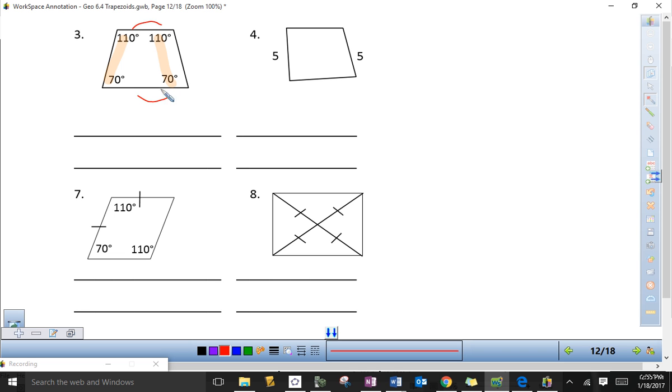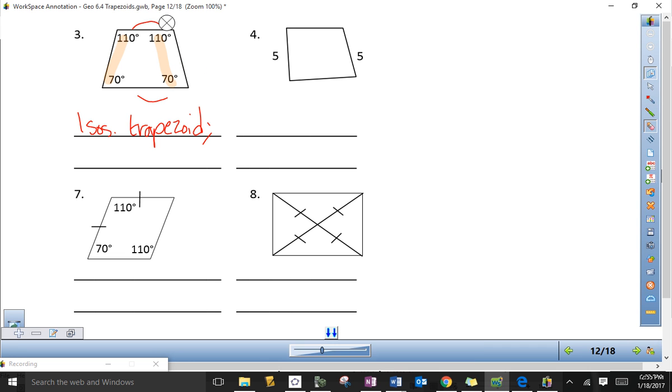Then the top angles and the bottom angles being congruent tells me it's an isosceles trapezoid because of those base angles. Again, we want to give 2 reasons. The first one has to do with your 2 pairs of consecutive supplementary angles. Normally we say the angles between the parallel lines. Notice nothing is marked here.